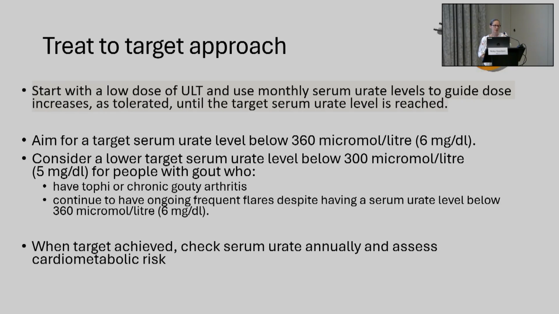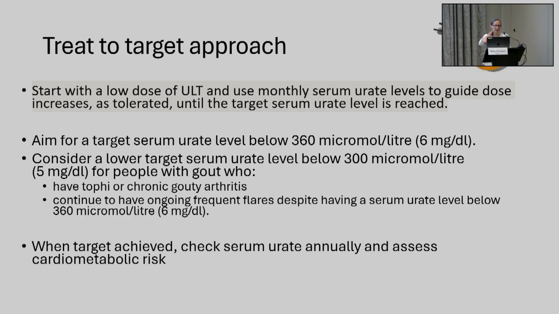We recommend a treat-to-target approach, and I think this is something that is filtering down. So we need to get the urate level down to a target level to prevent the patient from having attacks of gout. So it's this quite intensive, every month check the urate. If it's not at the target level, you need to increase the urate-lowering therapy.